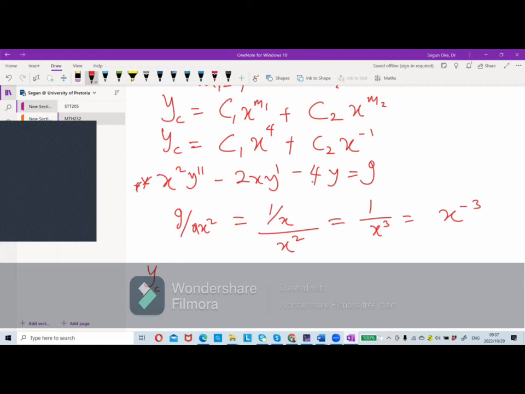Now, let me explain to you. At this point, under the yc, what this means is very simple. If you look at it very well, our yc is like C1 x^4 plus C2 x raised to the power minus 1.